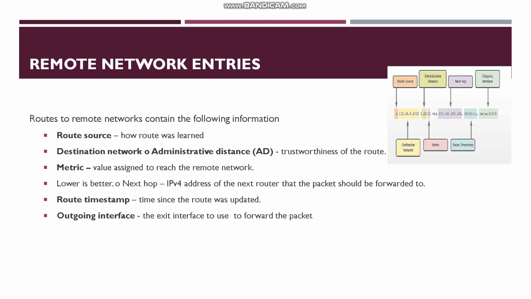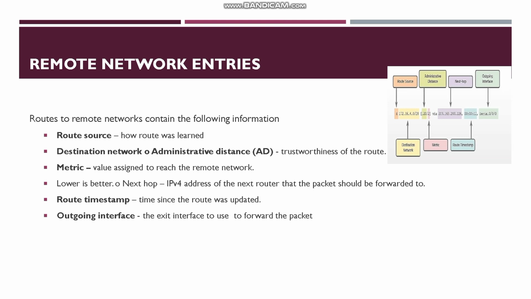Tingnan natin doon sa diagram po natin sa upper right ng ating slide. Kita natin dyan yung route source, destination network. Sunod ay administrative distance. Sunod ay yung metric, and lower is better. Next hop: IPv4 address of the next router that the packet should be forwarded to.